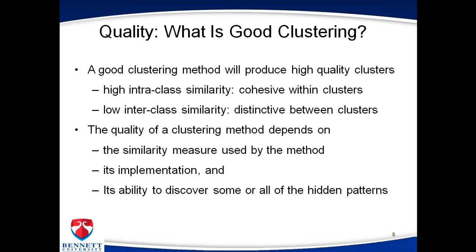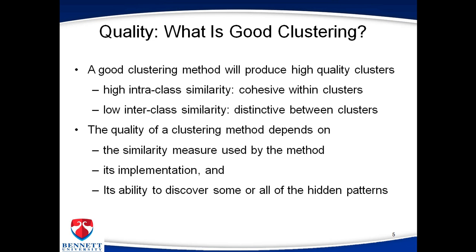Next is quality. So what is a good clustering? A good clustering method is one with some properties that make the clustering good. The first is high intra-class similarity. High intra-class similarity means the cohesiveness within the cluster should be high. The data points that make up the cluster should be cohesive.